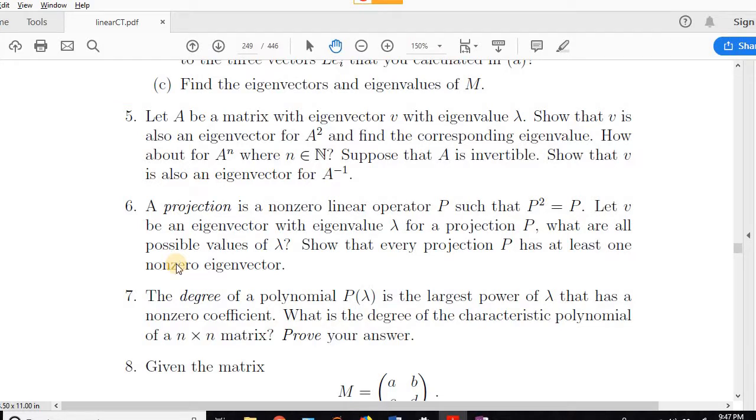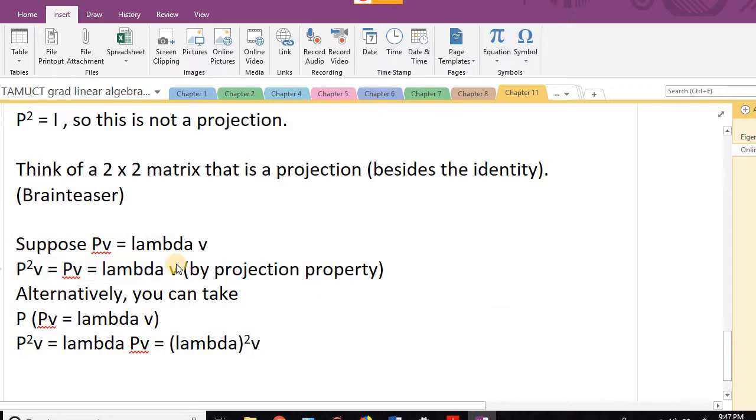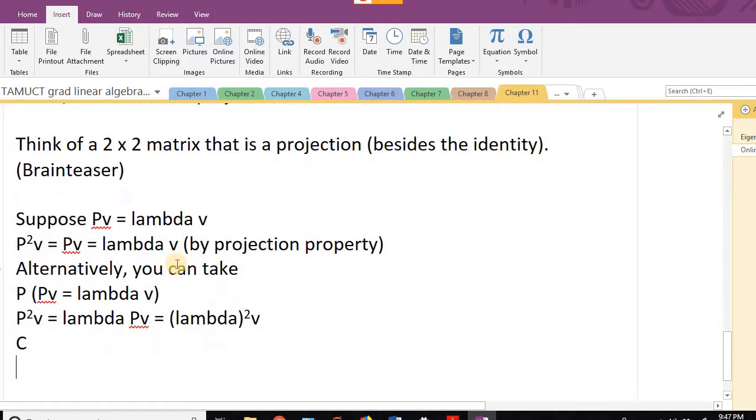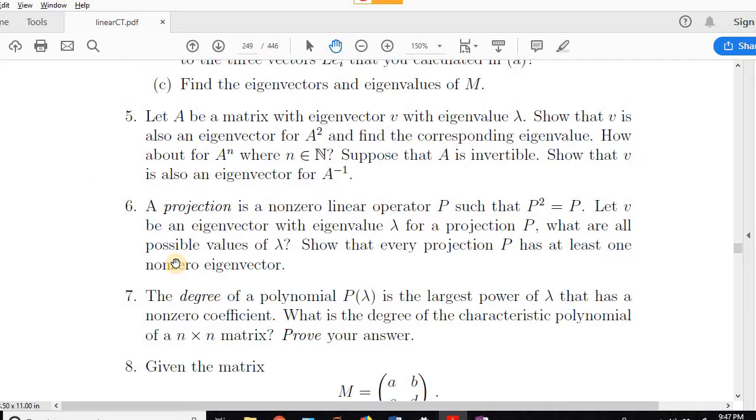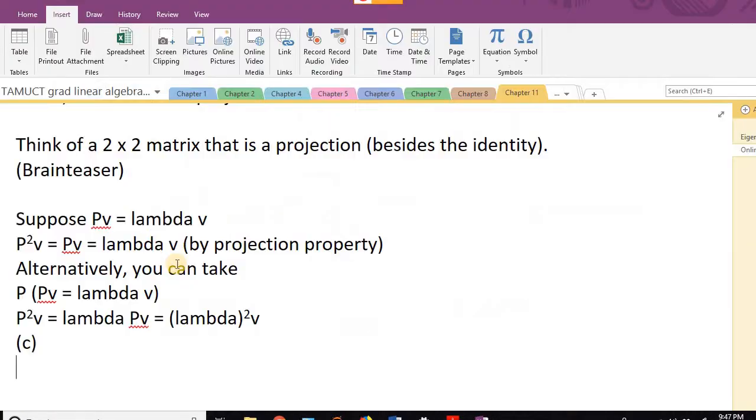All right, so an eigenvector of P would set, oh, so part C. Okay, part C is asking to show that P has a non-zero eigenvector.